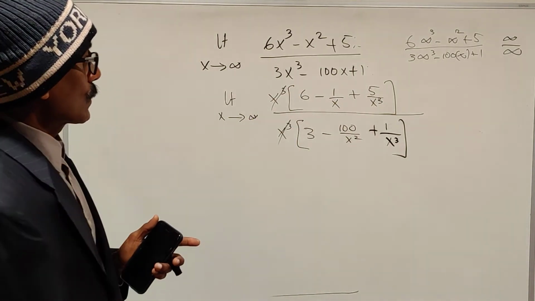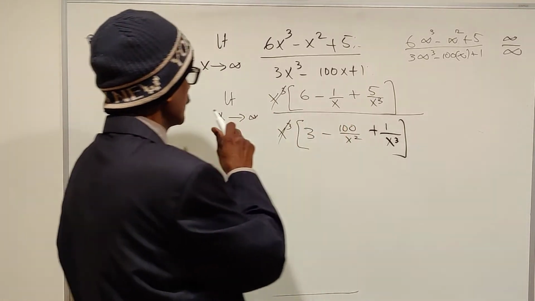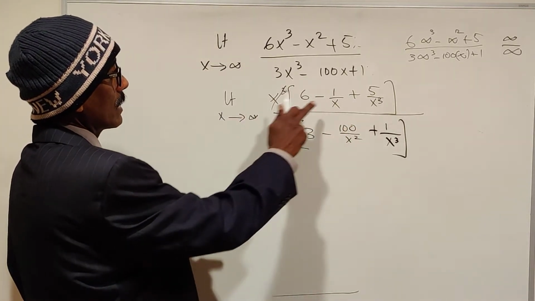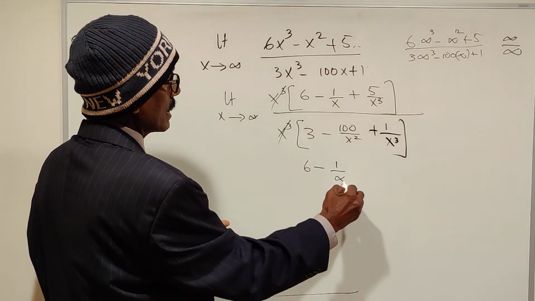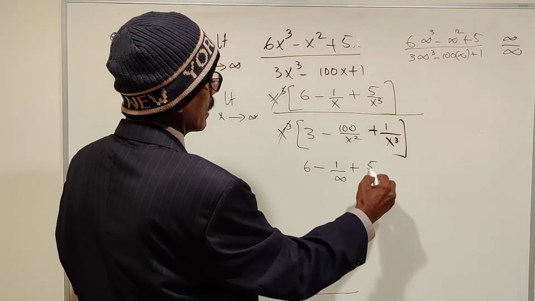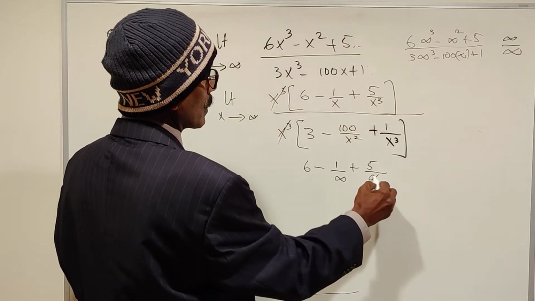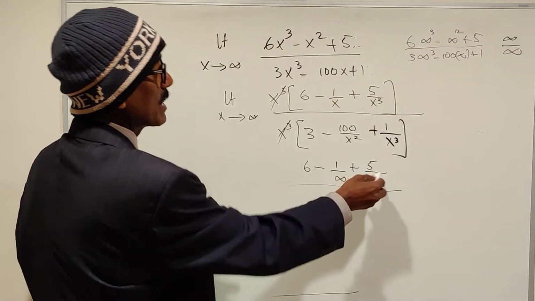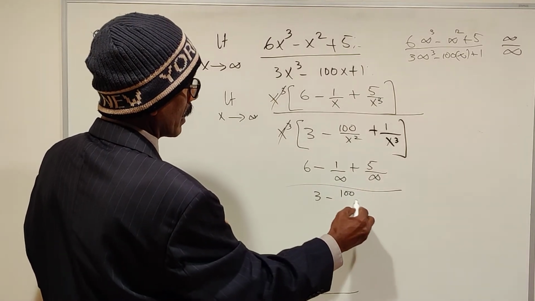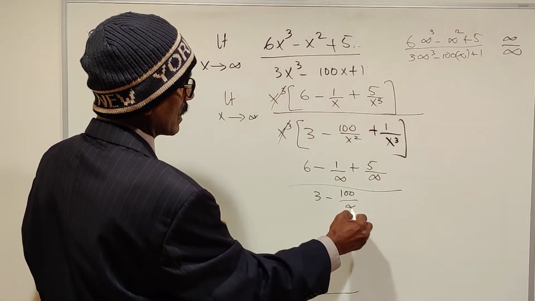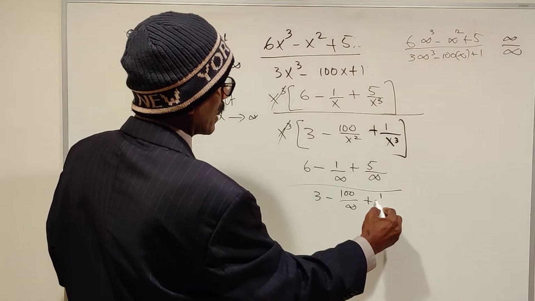So the next step is just substitute infinity: 6 minus 1 by infinity plus 5 by infinite cube, which is a divided by a big number. 3 minus 100 by infinite square plus 1 by infinite cube.